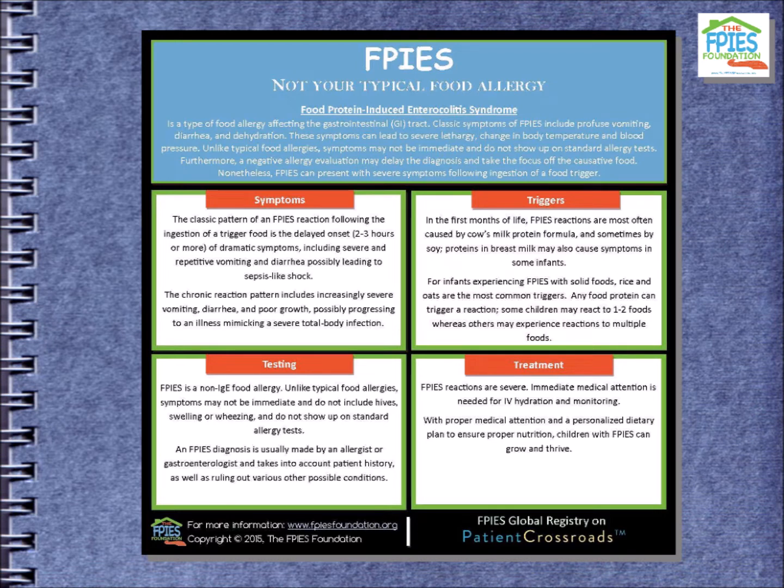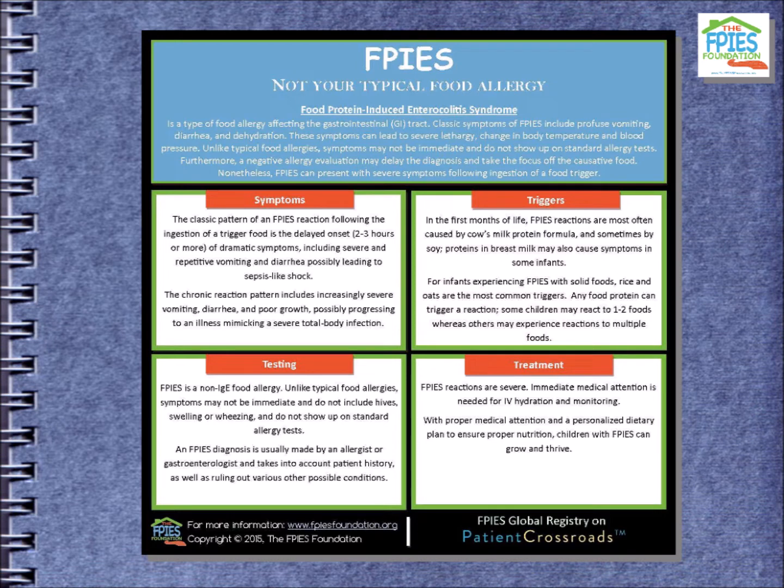So when you're looking at reactions with FPIES, again, these are caused by foods, as you may be familiar with food allergies with IgE reactions. But the reaction pattern and some other aspects are a little bit different. So when you see an FPIES reaction, the hallmark really is a delayed onset, which can be 2 or more hours after the child ingests the trigger food.